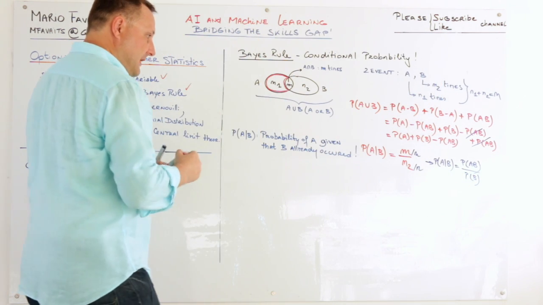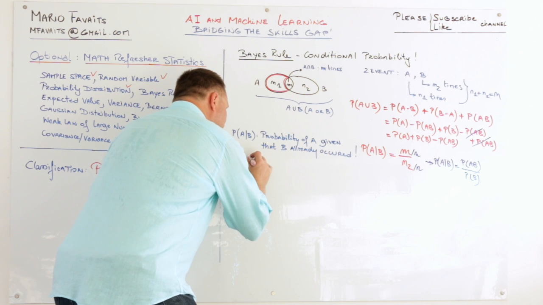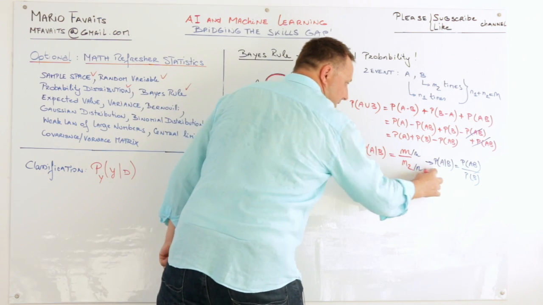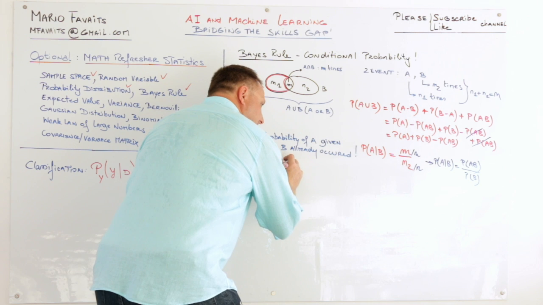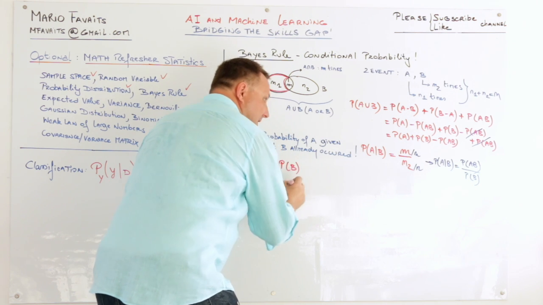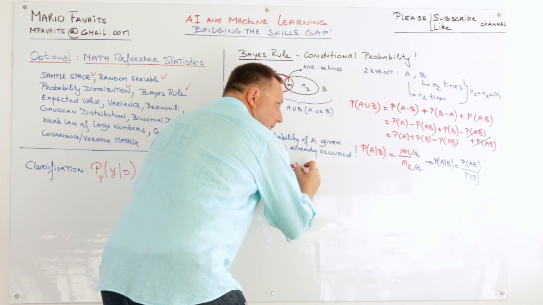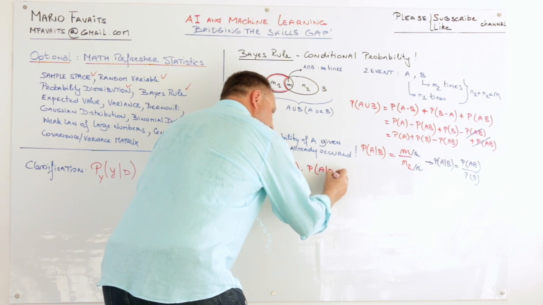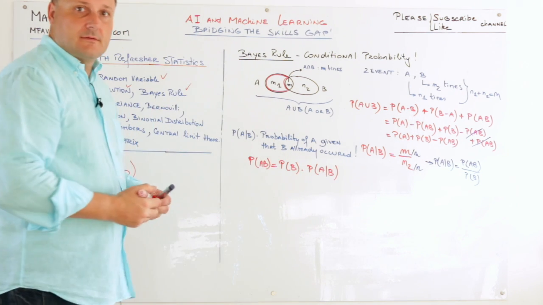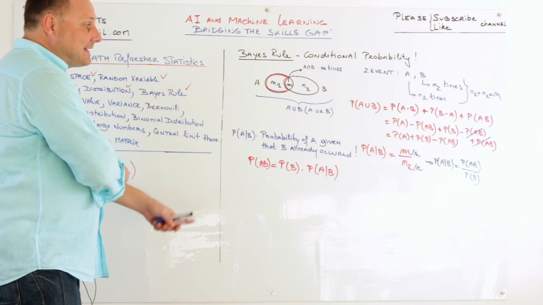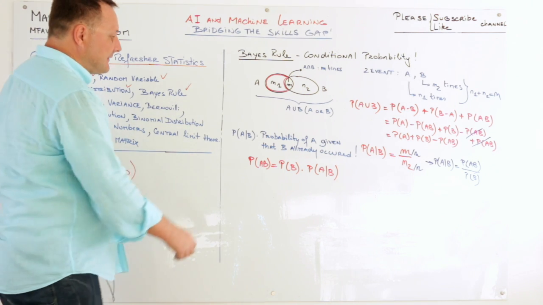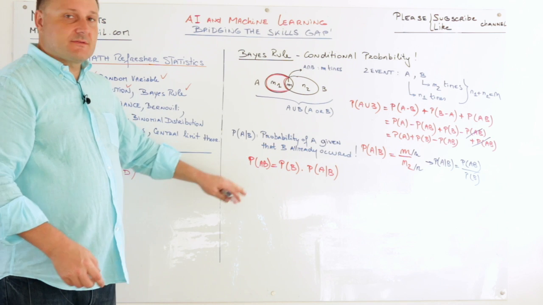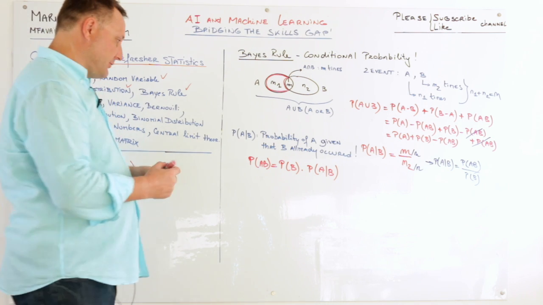Okay, so that gives us that P(AB) equals, bringing this to the other side, P(B) times the chance that A occurs given B. Now we can easily calculate the probability of B given A. Then I just replace A by B in this formula.